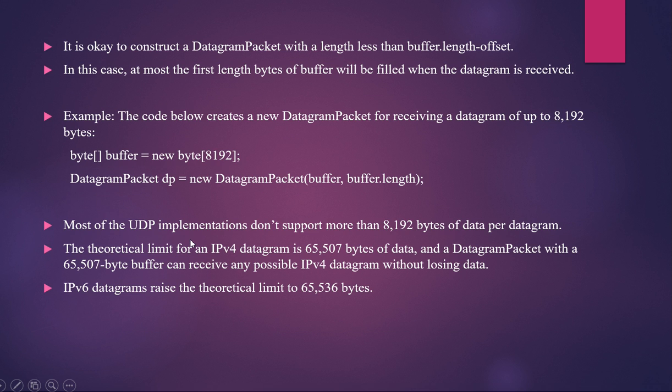Now for the theoretical limit, we have IPv4 and IPv6. Why are IPv4 and IPv6 considered here? Because UDP is attached to IP. TCP functioning is different, but UDP works with the Internet Protocol. So ultimately you need to consider IPv4 and IPv6.